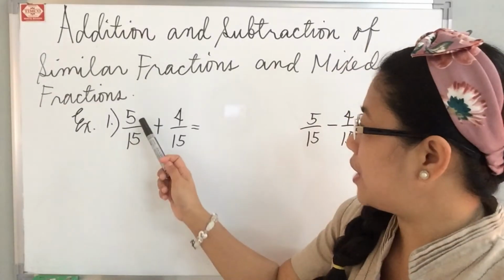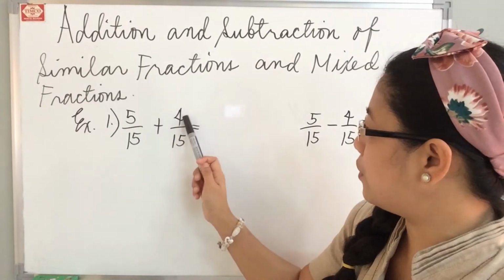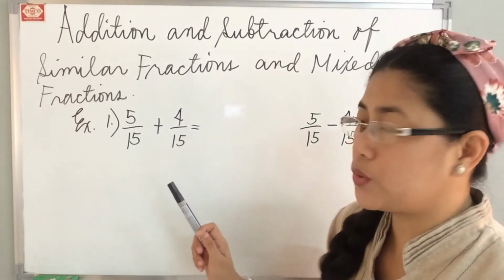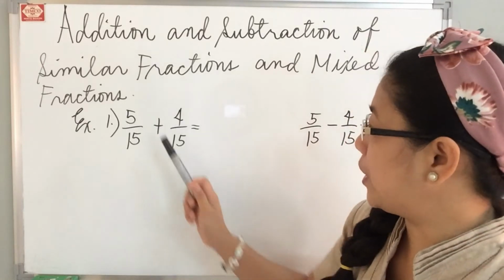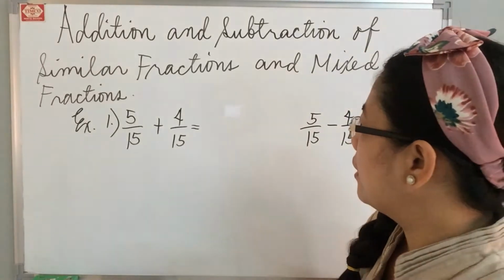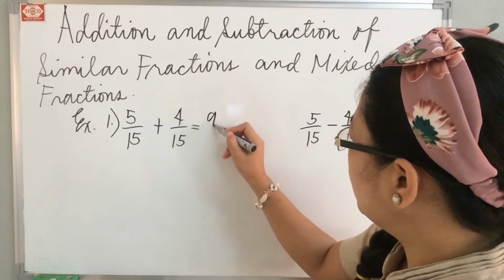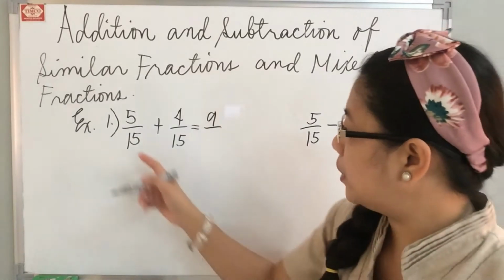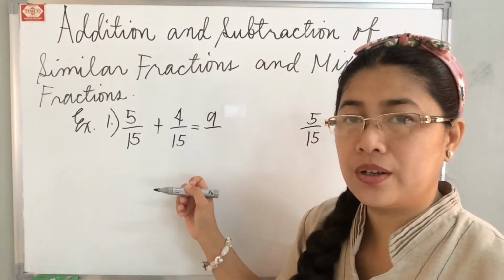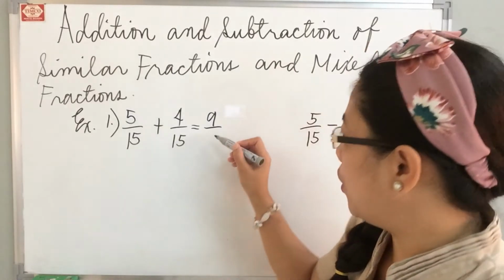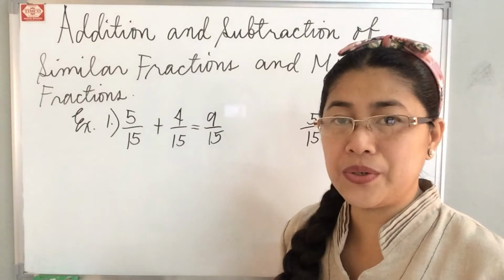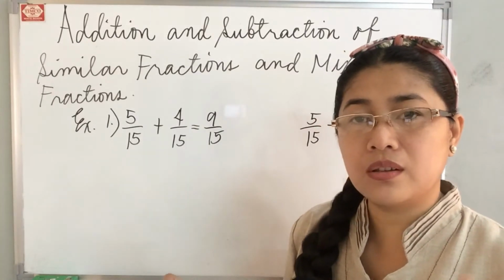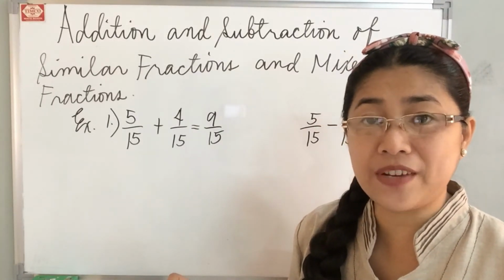We have here 5/15 plus 4/15. So our rule is just add the numerator. So we have 5 plus 4, that is equal to 9 over, what are we going to do with the denominator? We're just going to copy it. So over 15. And then it says in our rule that we have to reduce the answer to lowest term if possible.